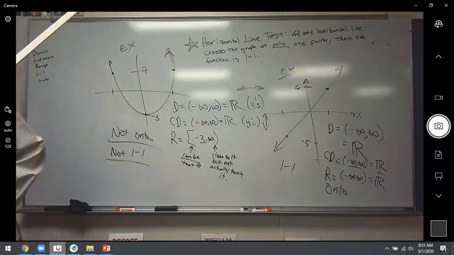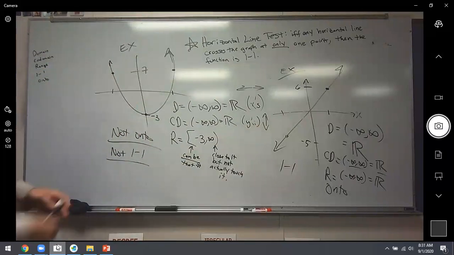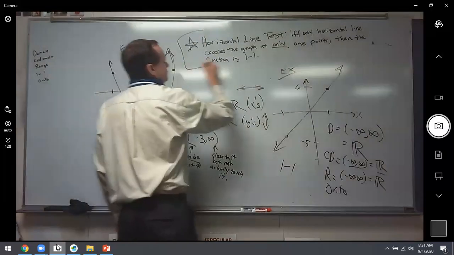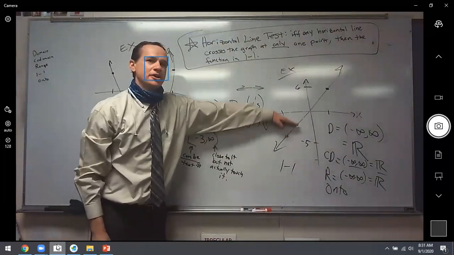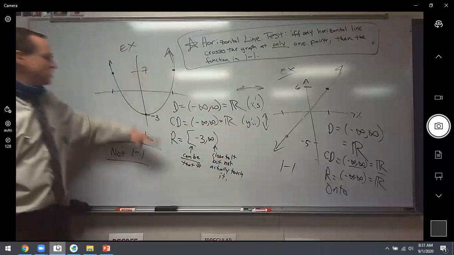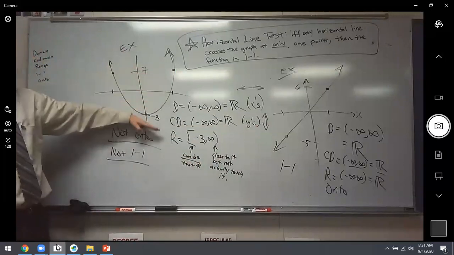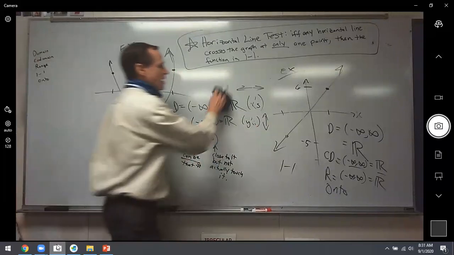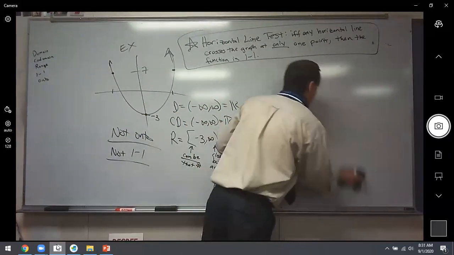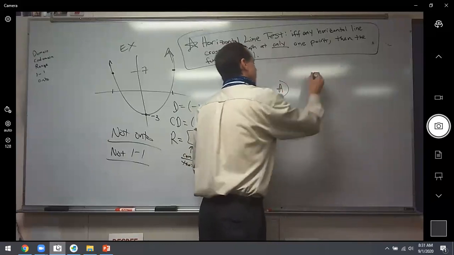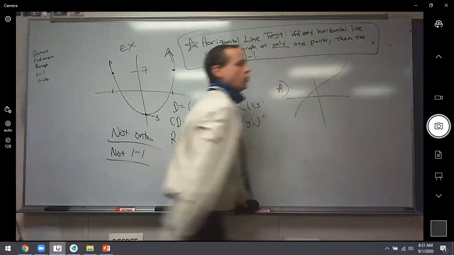So that's a lot of terms right there, but please write down the horizontal line test. It's a lot easier just to look at a graph and say, okay, that is 1 to 1, right? This one is not 1 to 1. I could throw up any graph and really quickly you can tell me if it's 1 to 1 or not. Here's some test graphs. 1 to 1?